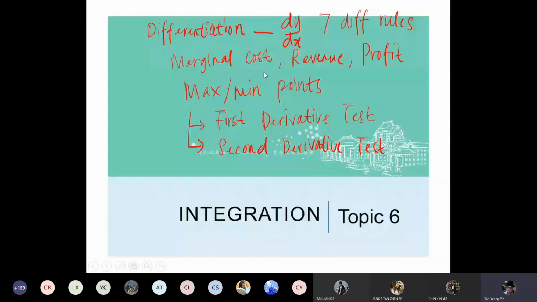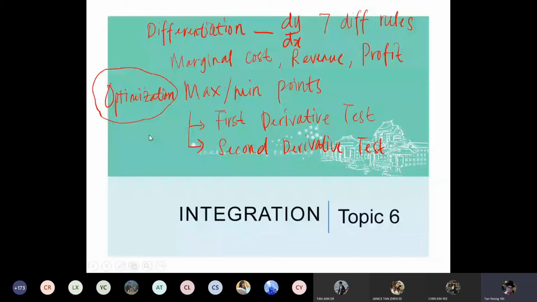Now, finding the maximum and the minimum point is part of the optimization method. Optimization is actually one of the important concepts when you work outside later. Let's say for example, you want to find the quantity to get the maximum profit, or the quantity to get the minimum cost.